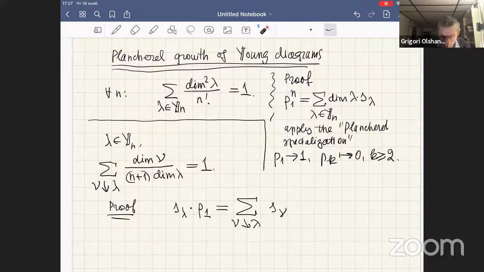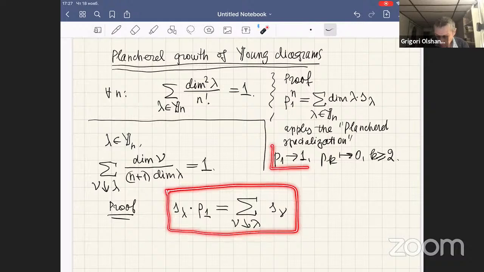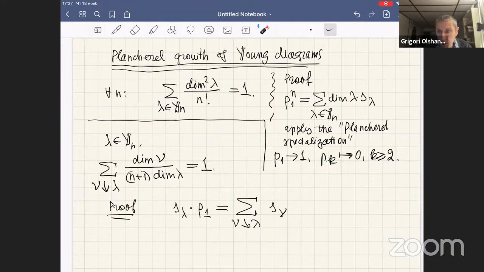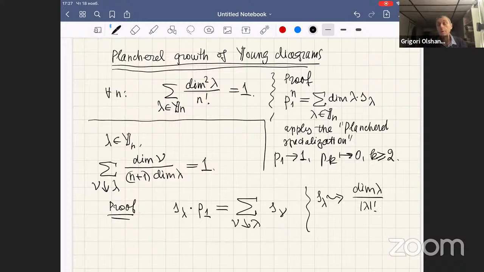And next we look at this and apply the same Plancherel specialization. Because we know that under this specialization, lambda goes to dim lambda divided by the size factorial.